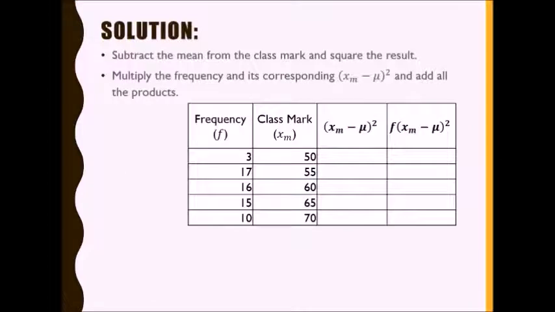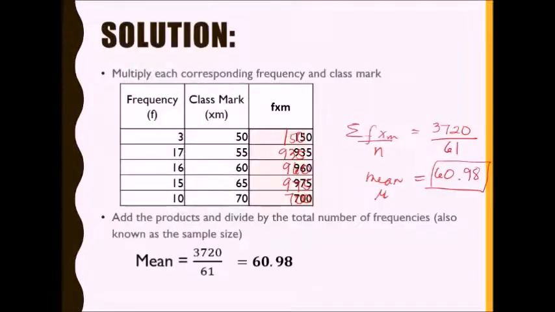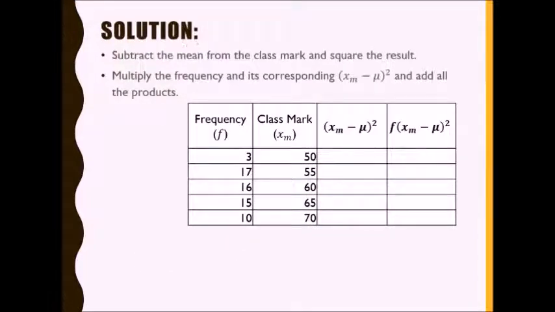Next, subtract the mean from the class mark and square the result. Again, our mean is 60.98, so let me write it here so we don't forget. We subtract the mean from the class mark and square the result. If the class mark is 50, the solution is 50 minus our mean, 60.98.